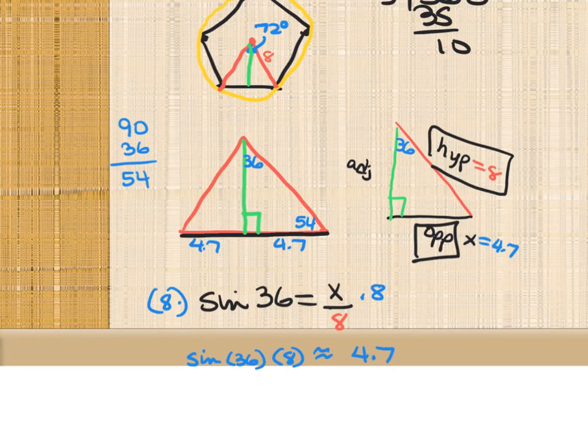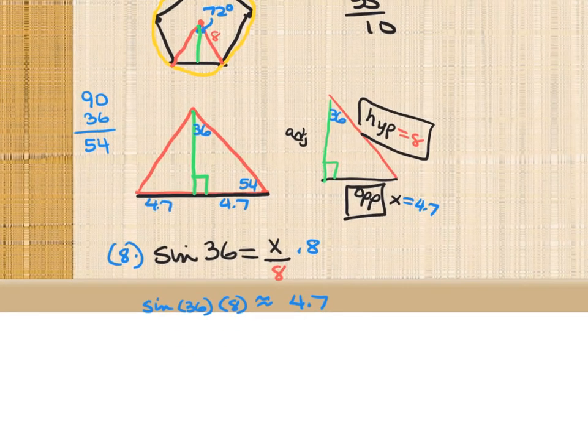Now to find my apothem, or my adjacent, I'm still going to use the 36, but this time it's adjacent and hypotenuse. So I'm going to do cosine of 36 is equal to adjacent, and I could call this A because it's my apothem, over 8.